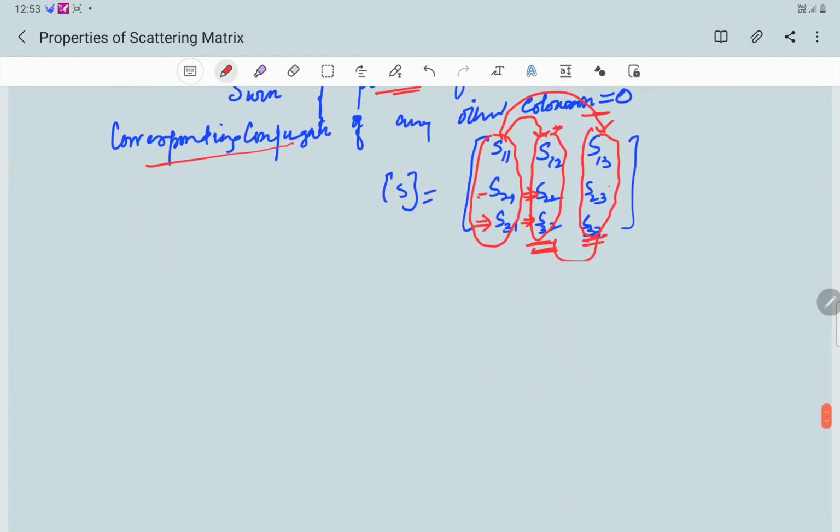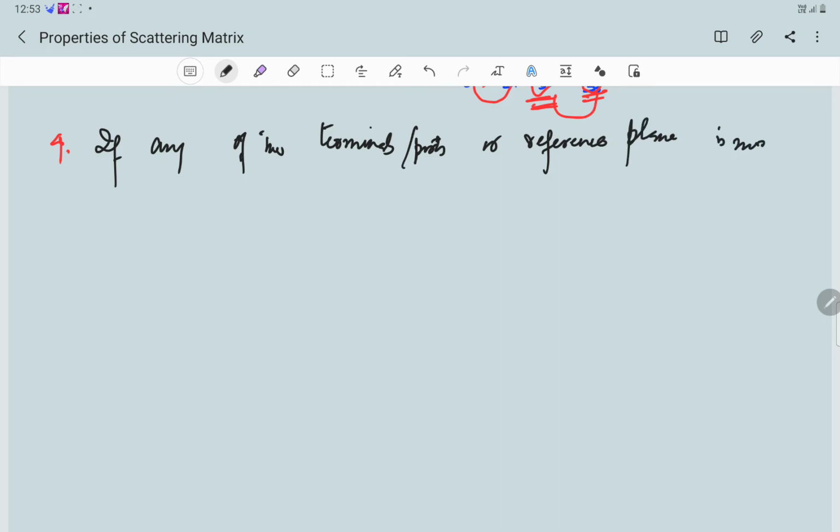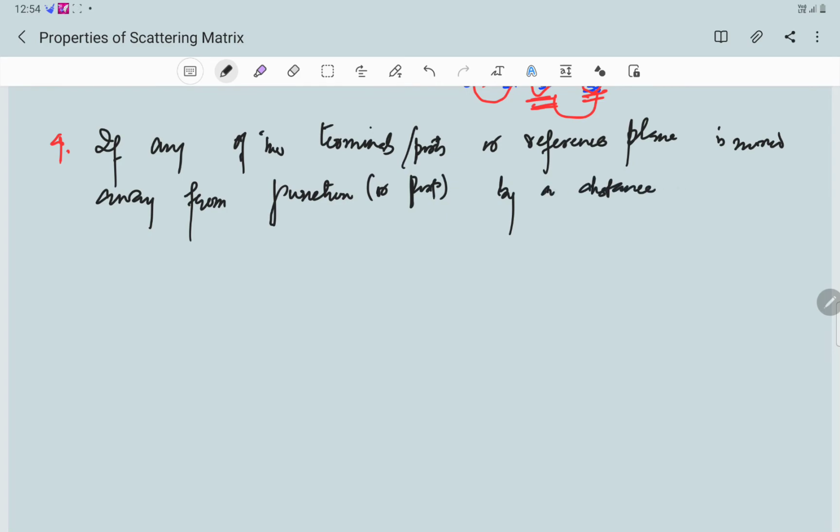Now let us discuss the fourth property of the S matrix. Fourth property: if any of the terminals, ports or reference planes is moved away from the junction, or port, by a distance ln.